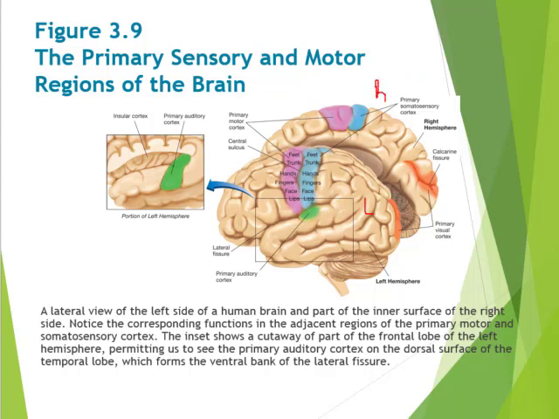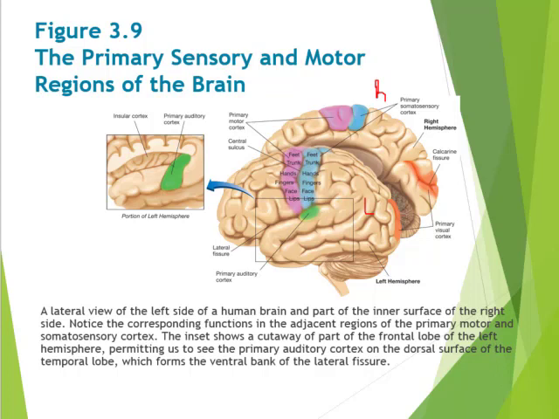And in this lateral view, you can see the primary motor cortex in purple and the primary somatosensory cortex in blue. So the primary motor cortex and the primary somatosensory cortex control movement and sensation from the feet, the trunk, the hands, the fingers, face, lips, etc.